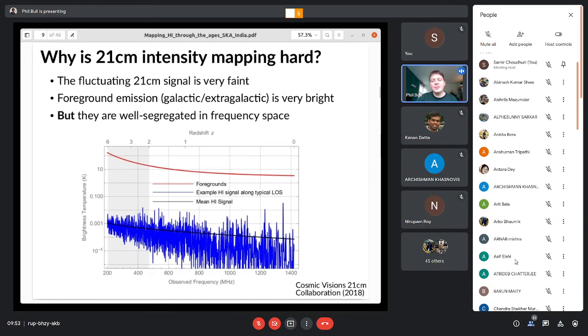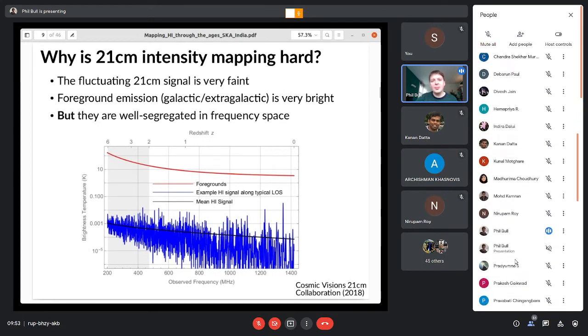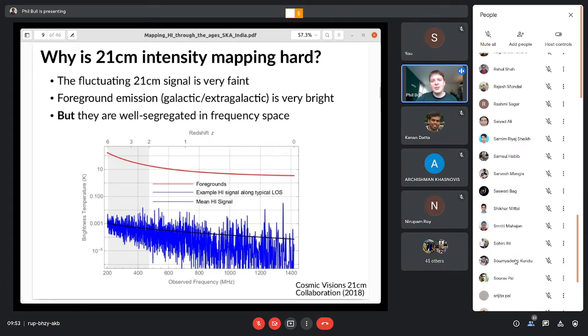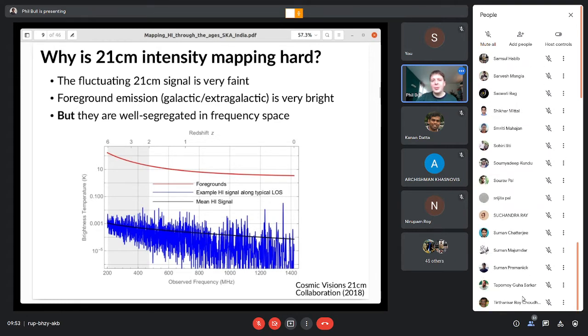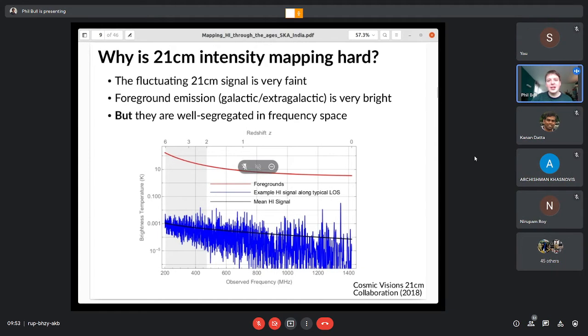And then on top you see the foreground, this red line. There's a little bit more structure in the foreground than this gives away, but a power law is not a bad guess at what these look like. And you see how many orders of magnitude there are between them in brightness temperature.